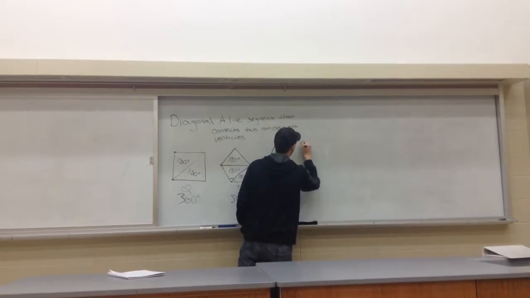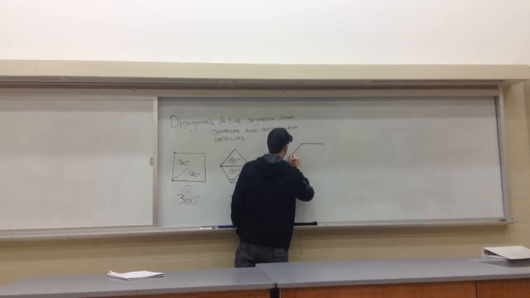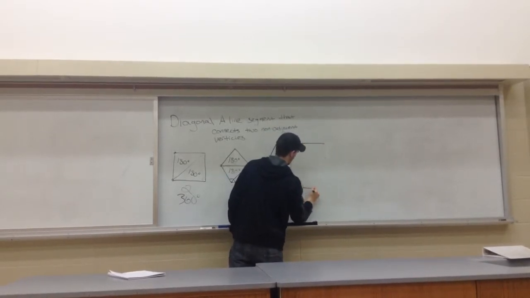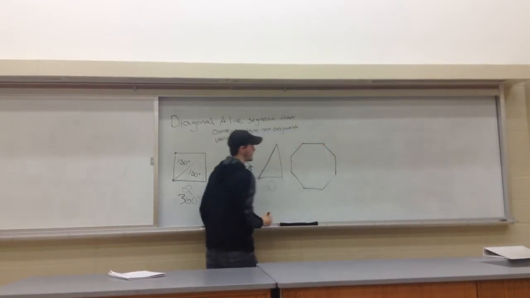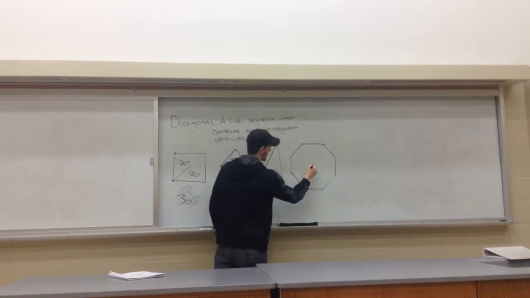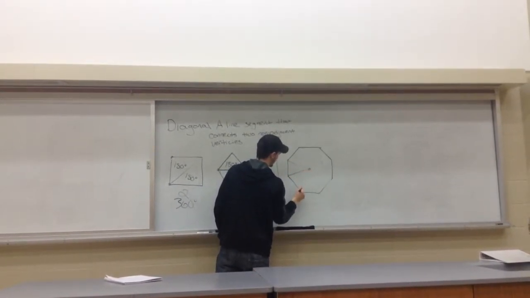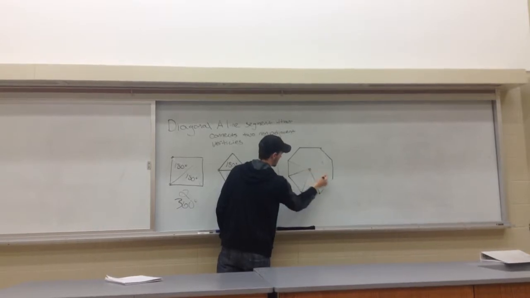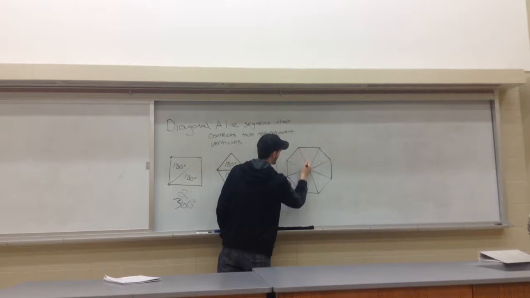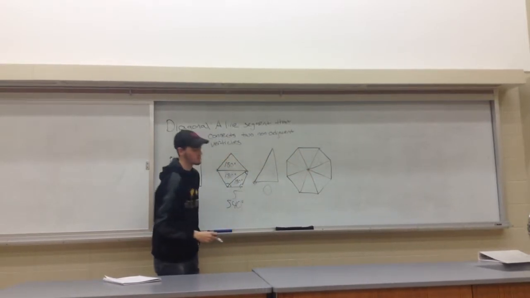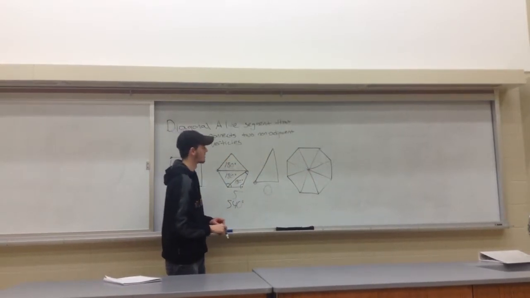draw a shape. And I have an octagon, 8 sides. Now if we put a point right in the middle, anywhere in the middle, we can make triangles out of this. So now we have a bunch of triangles instead of measuring each angle individually.